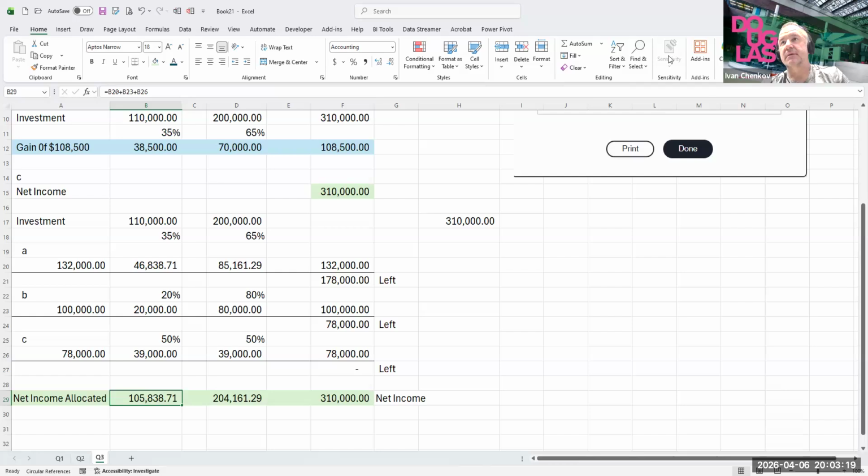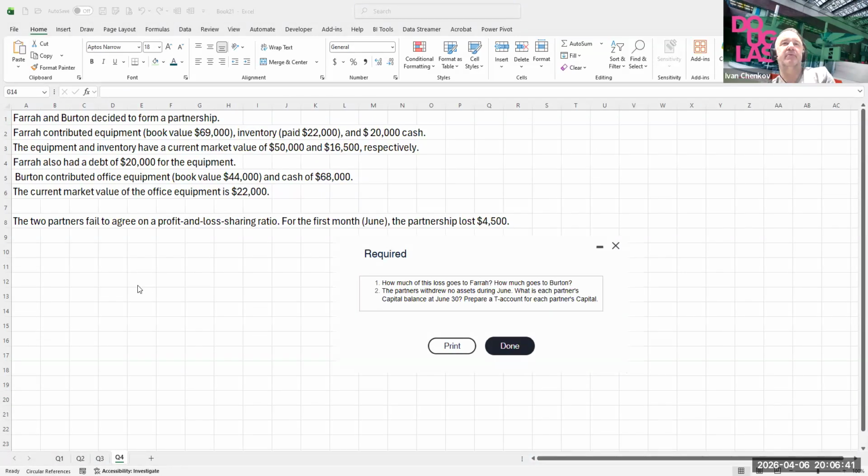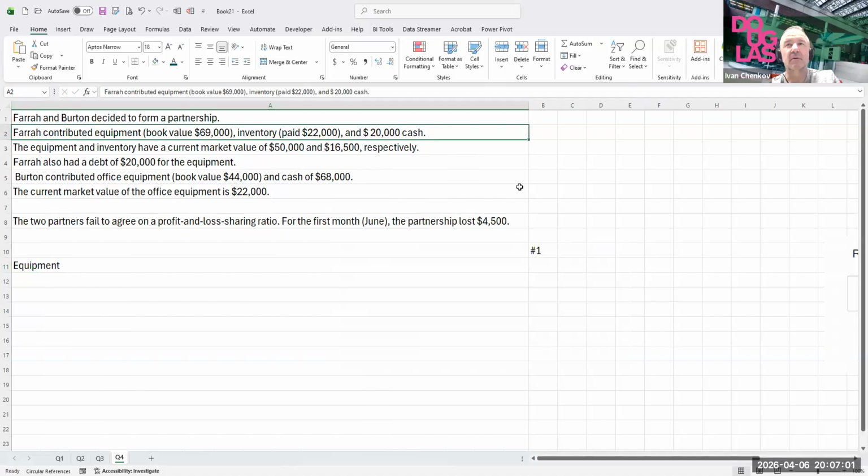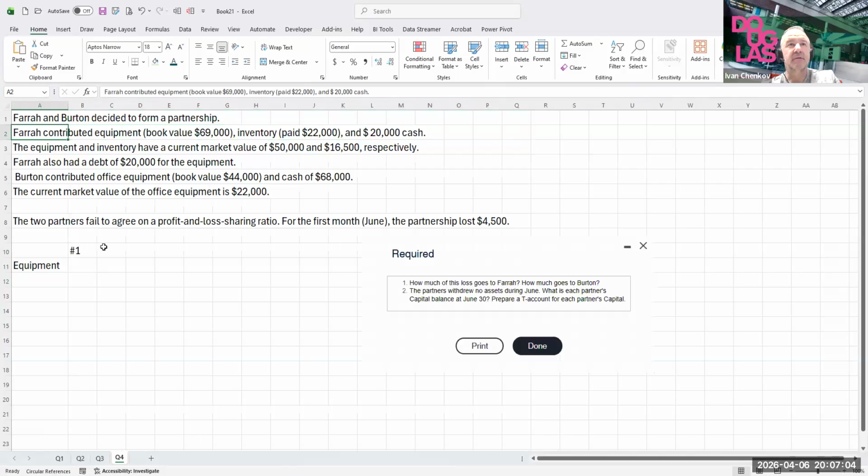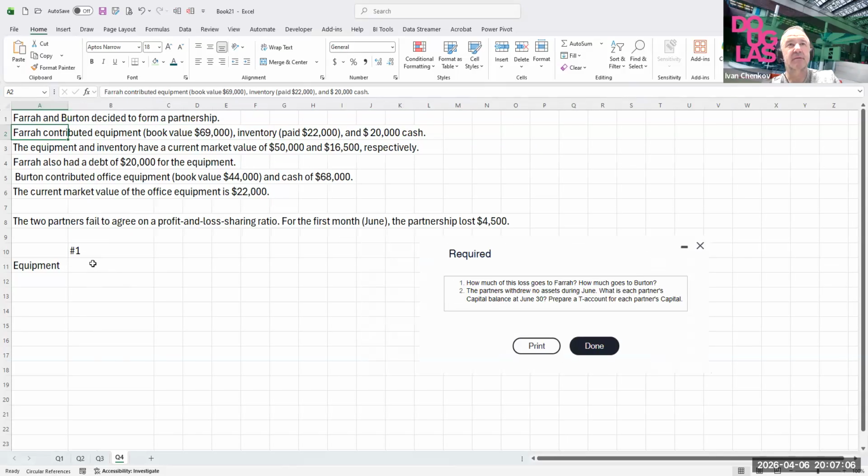As you can see, in this question, these people decided to form a partnership. They contributed. First, person number one contributed equipment with a book value, let's make it smaller, the book value is 69, inventory paid 22, and cash 20,000.